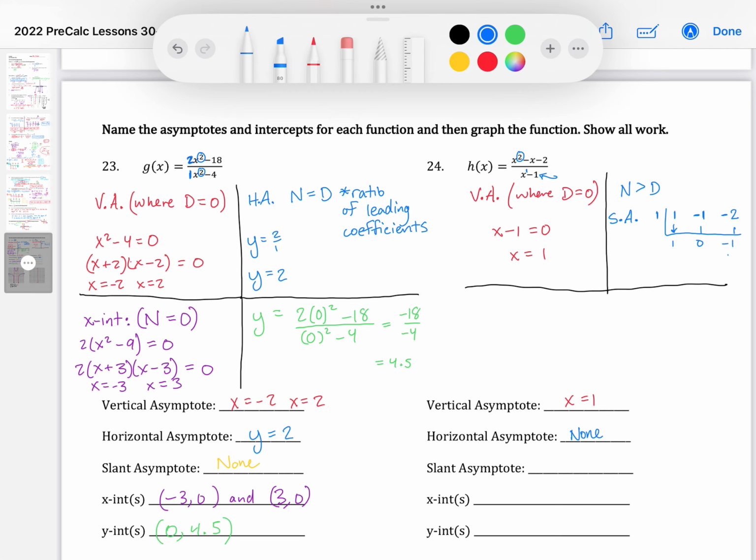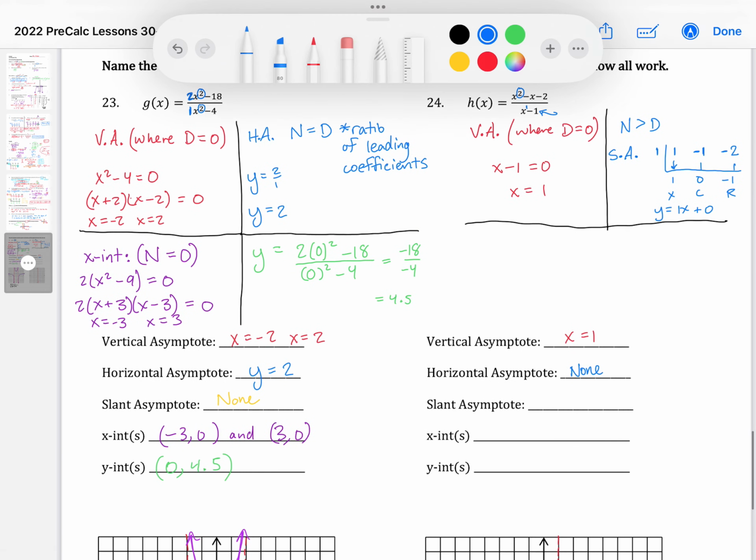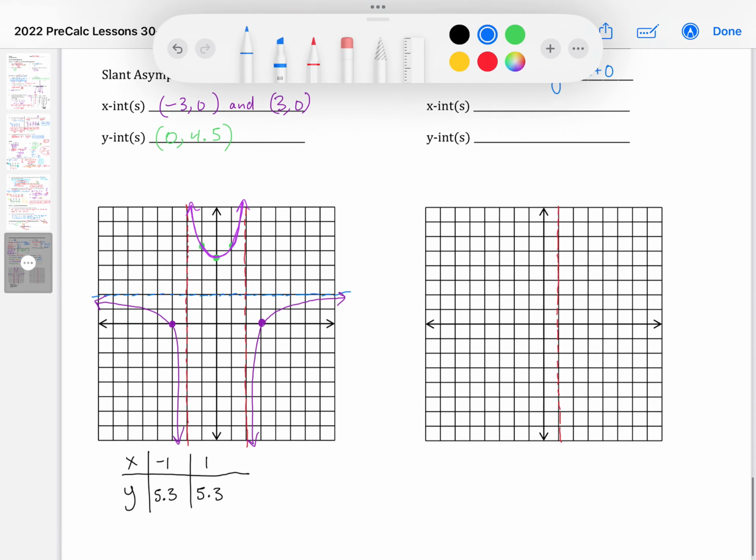So when I do this little synthetic division, I end up with this is my remainder, my constant, and my x. So y is going to equal 1x plus 0. So you don't really care about the remainder when you're doing this process. So the line y equals 1x plus 0 is where you're going to have this slanting asymptote.